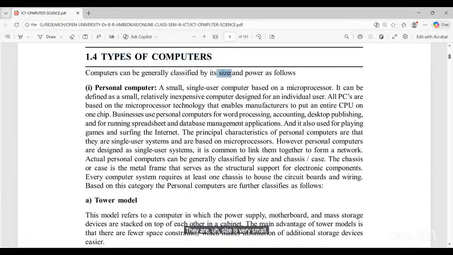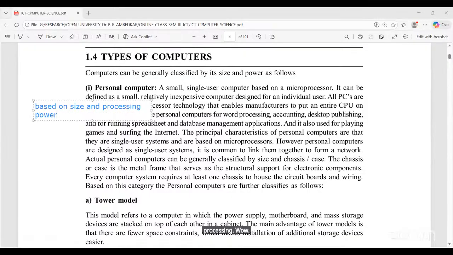They are divided according to size and according to processing power, or you can call it computing power. The computers are classified, divided based on size and processing power, computing power.